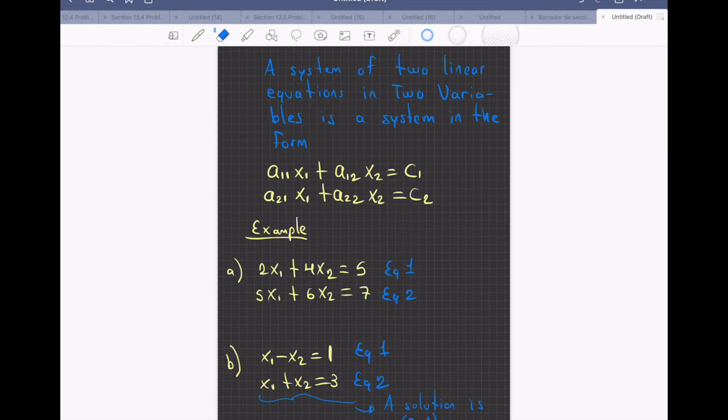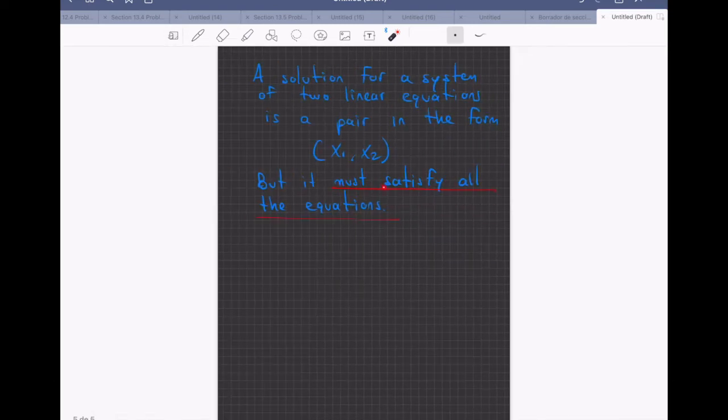And then we will have a solution, right? x1 minus x2, 2 minus 1 is 1, true statement. 2 plus 1 is 3, true statement. So this is a solution for the system. You see that? It must satisfy all the equations. If you find one solution for one equation, but it doesn't satisfy the other equation, then it is not a solution. Again, this is very important. If you say you have a solution for a system of equations, then it must satisfy all the equations, okay?